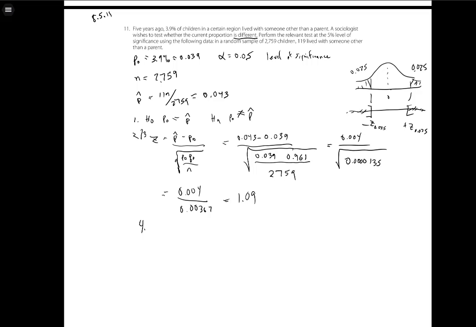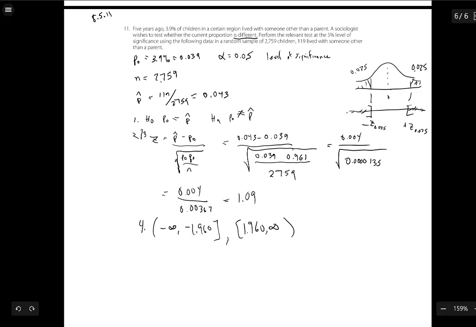At that point, z at 0.025 is 1.96. So our regions are minus infinity up to minus 1.96, and from positive 1.96 up to positive infinity.